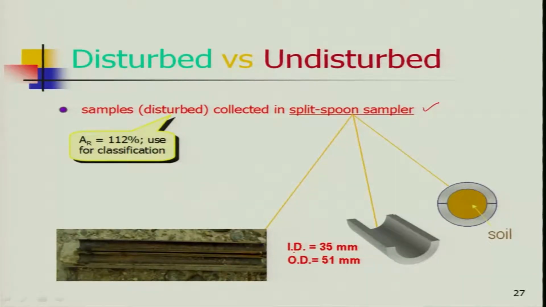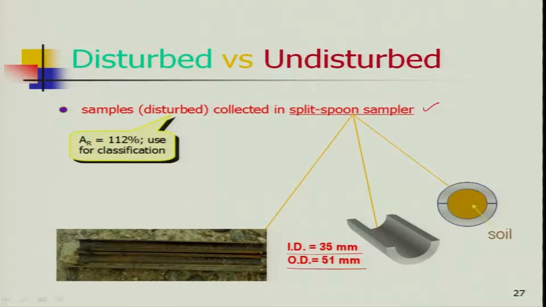So, for the samples we get from the SPT test, if you look at the area ratio, outside diameter is 51 mm, inside diameter is 35 mm. So, area ratio is 112%. That means you are not getting undisturbed samples. Once you are not getting an undisturbed sample, that means it is disturbed.